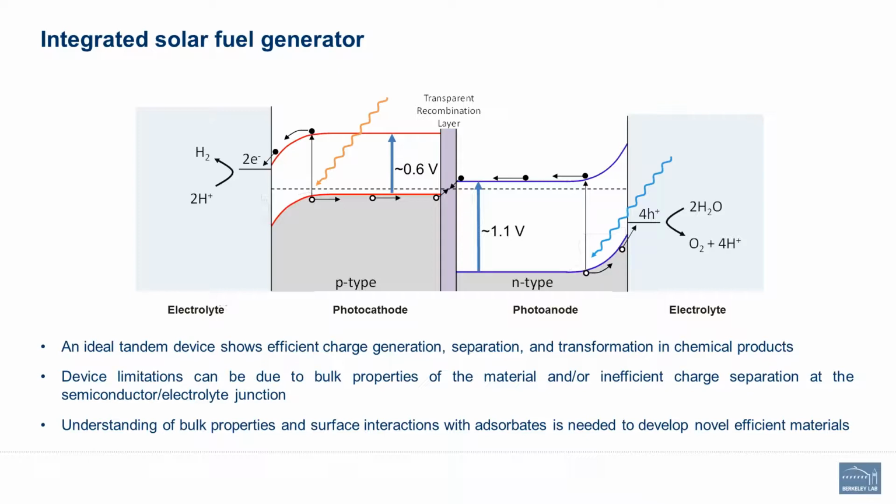So the understanding of the bulk properties, but also of the surface interaction with adsorbates in light-absorbing material becomes really important in order to develop novel materials that can efficiently carry out water splitting.